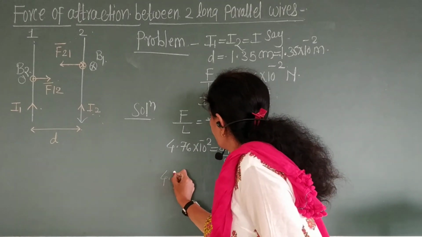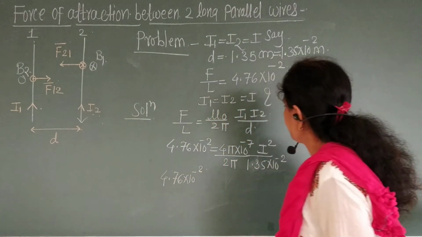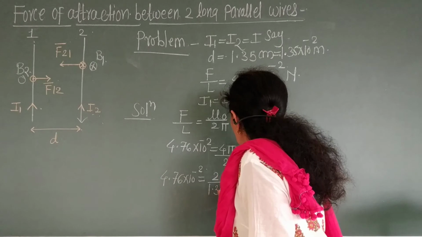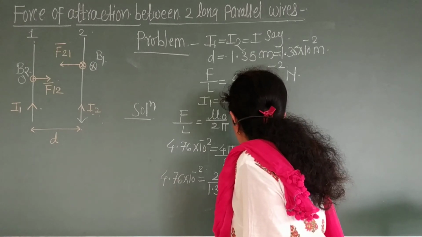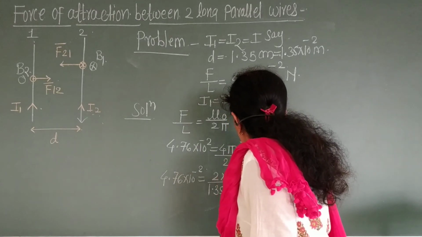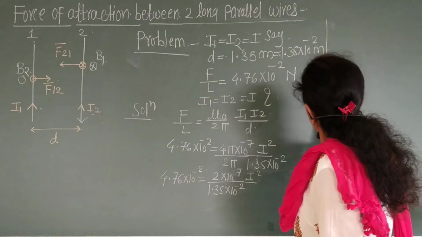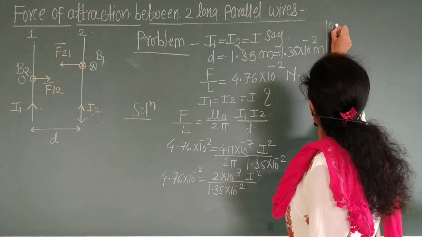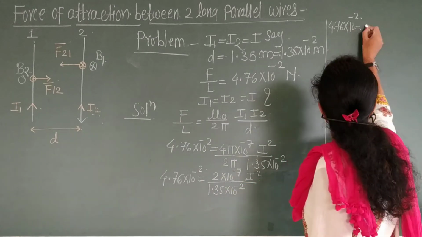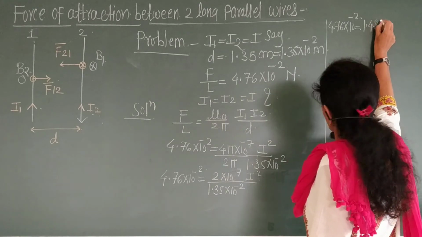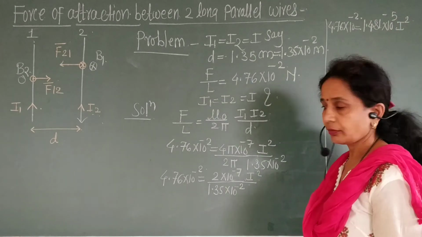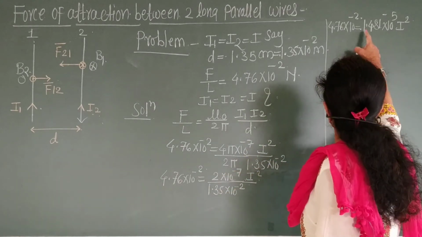Now 4.76 × 10^-2, then this becomes 2I square upon 1.35 × 10^-2. Therefore 4.76 × 10^-2 is equal to 2/1.35, which is 1.481 × 10^-5 × I square.